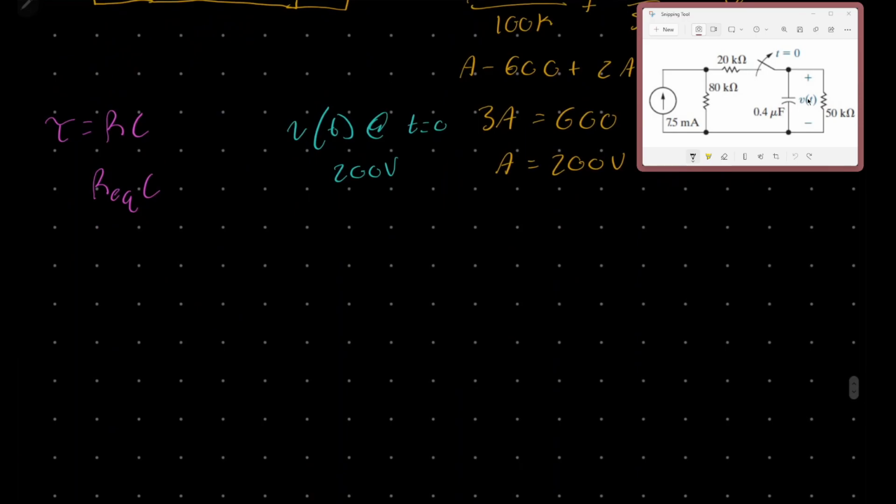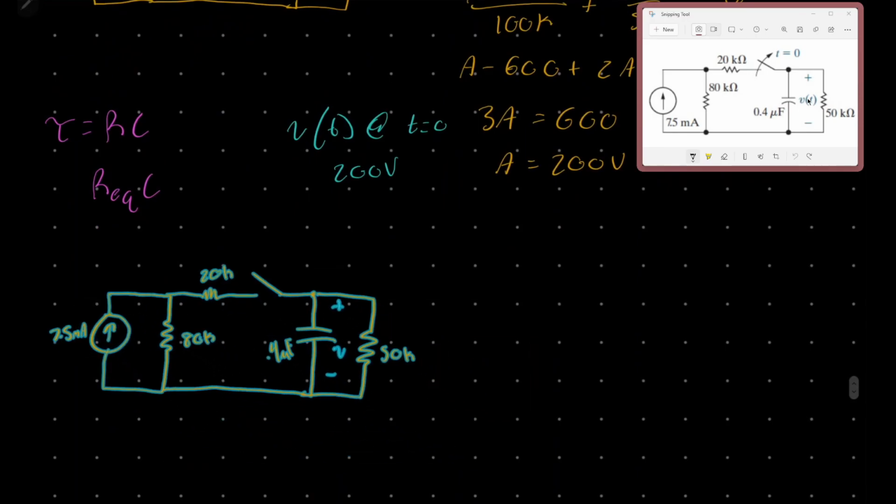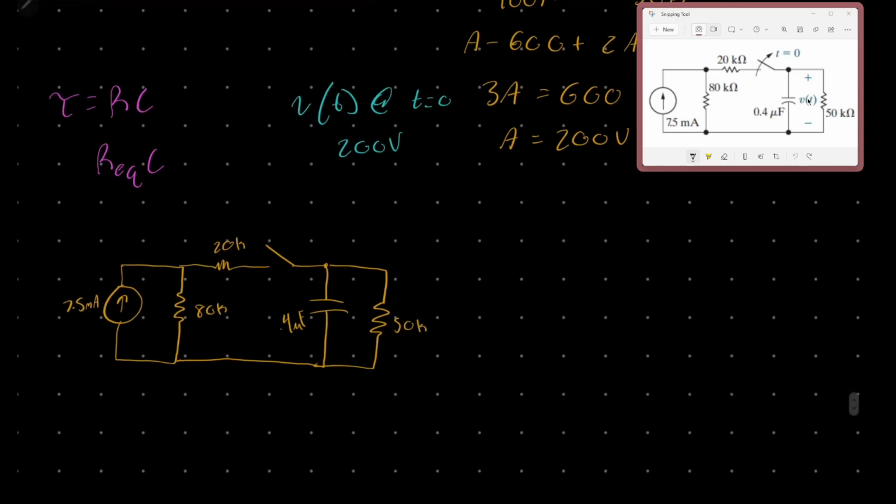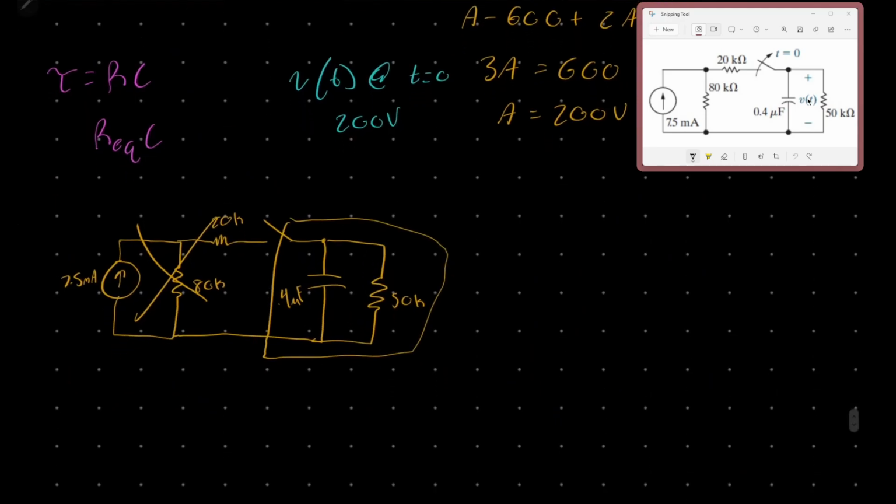So we can paste the circuit again right here, and then now we want the switch open. So when the switch is open, we see that basically all of this gets cut out because we only are focusing on this part of the circuit when finding tau.